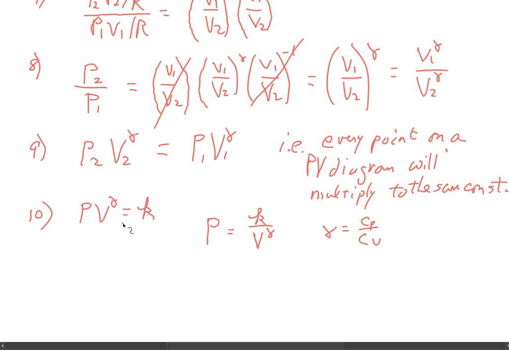Finding this constant is really very easy. We can use any two known points. We can use our initial point P0 and our initial volume V0, and we know gamma, and so K will equal that.